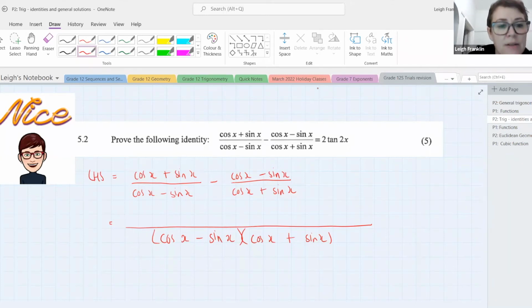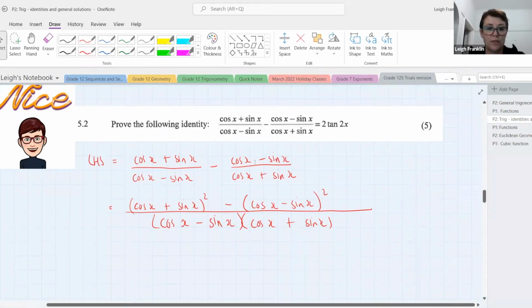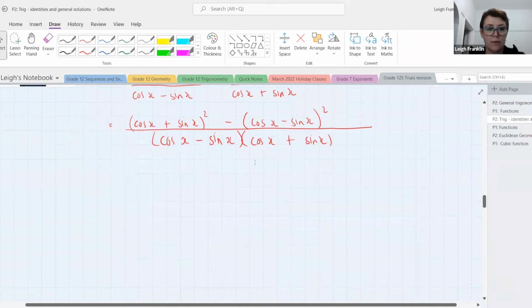So at the top here, we've got cos x plus sine x multiplied by itself. And over here, we've got cos x minus sine x also multiplied by itself.